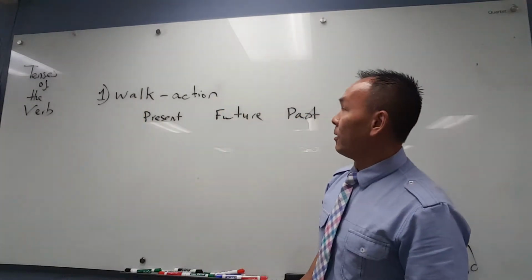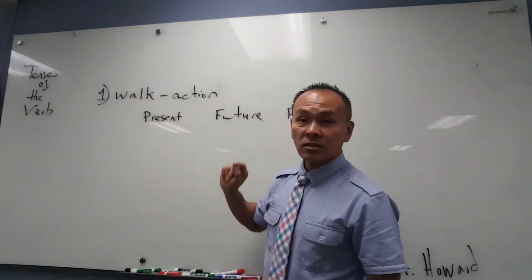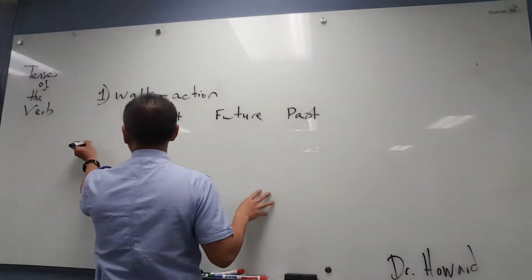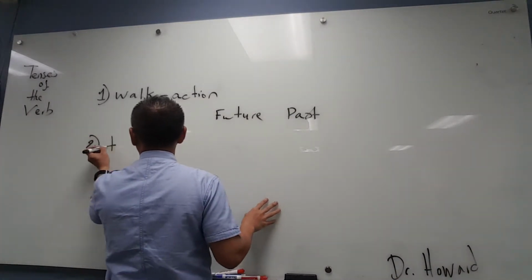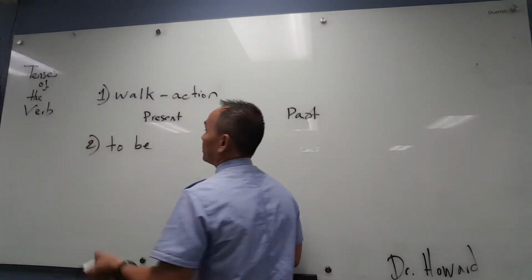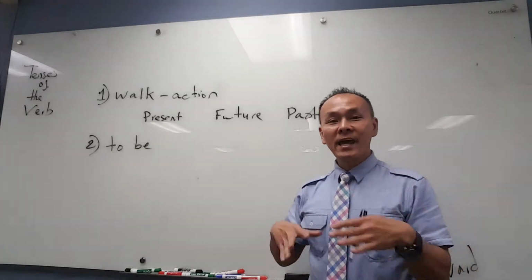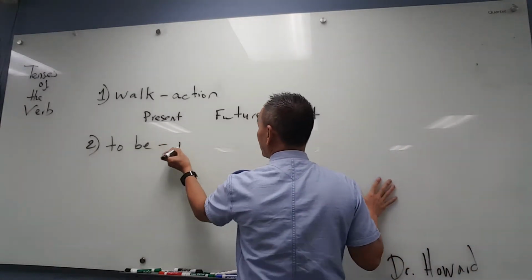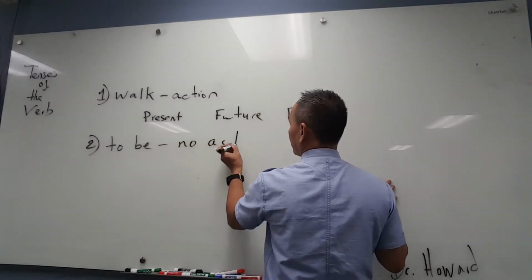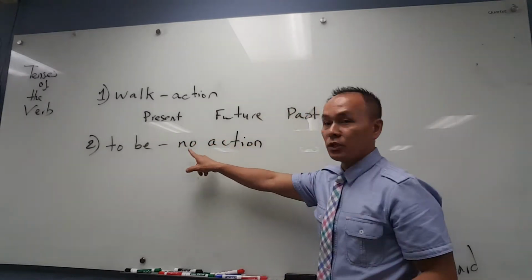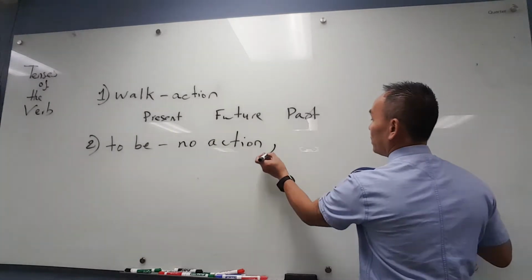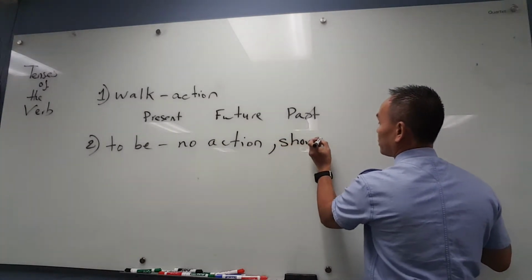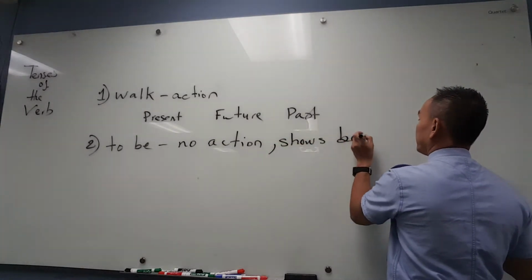Okay? So this is the action verb. Now, you have to be. To be is not an action verb. There's no action. So to be, because there's no action, it shows being.